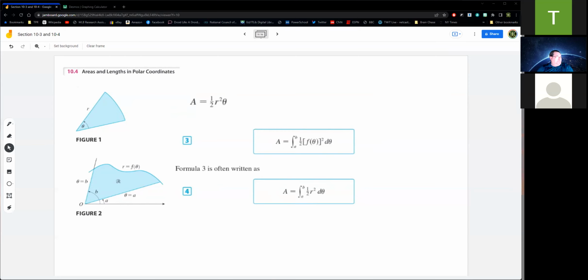Right. So let's use it to find the area of one of these leaves. When we're looking at this, for my area, I'm looking from negative pi over 4 to pi over 4.